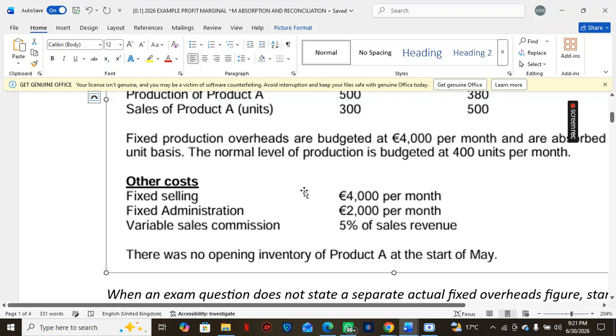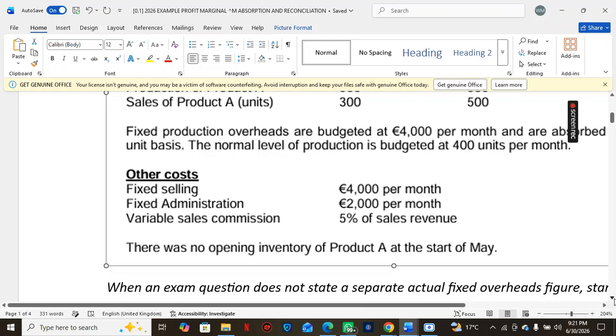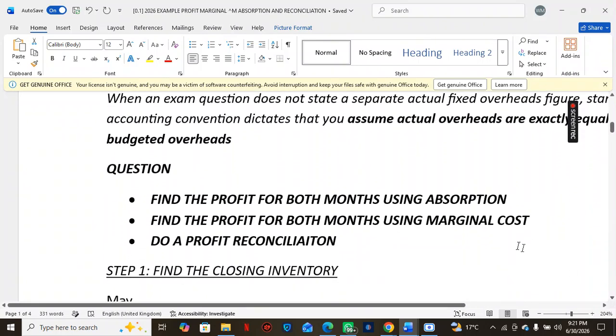Fixed administration, 2,000 per month. Variable sales commission, 5% of sales revenue. There was no opening inventory of product A at the start of May. So here we're now going to find the profit for both months using marginal costing.